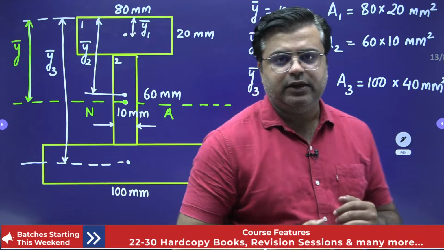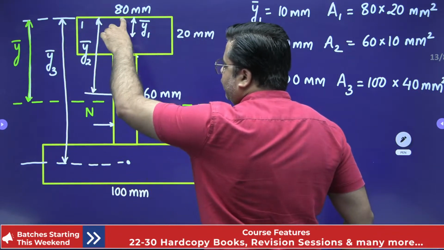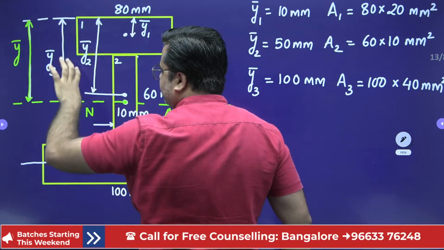That is the CG. So, y bar is the weighted average of all these areas with respect to the distance from the top fiber.